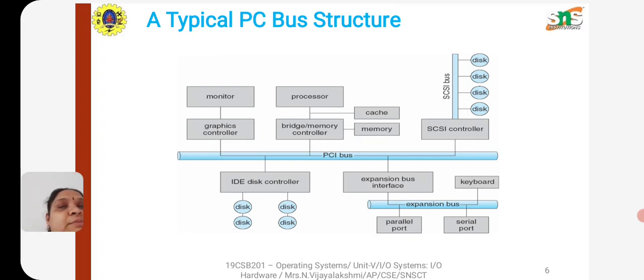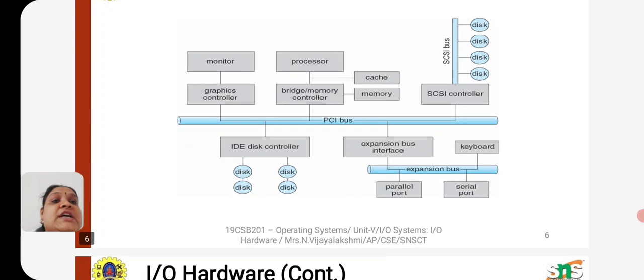An expansion bus interface is also available, and you have the keyboard, and in the expansion bus we have the parallel port and serial port. So this is the general architecture of a PC bus structure.